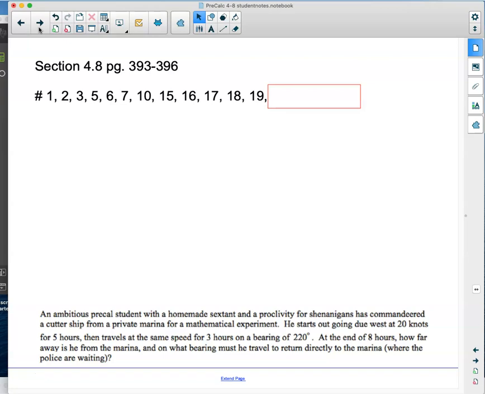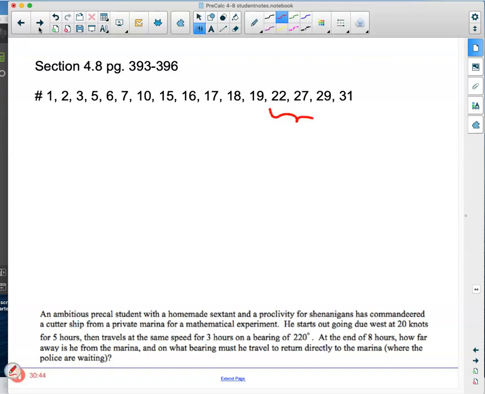The simple harmonic motion, I'll go ahead and uncover this. But these, you'll have to wait until you watch the video tomorrow. There it is, some good old-fashioned practice on some trig word problems.